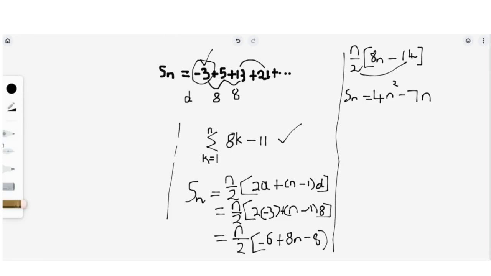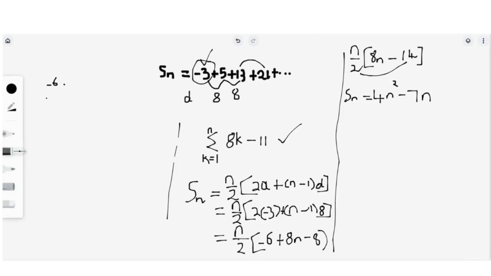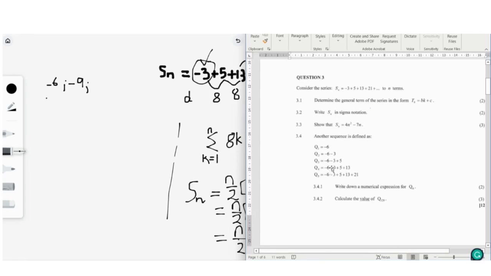All right. So the first term was minus 6. The second term is minus 6 minus 3, which is minus 9. The third term is minus 6 minus 3 plus 5.